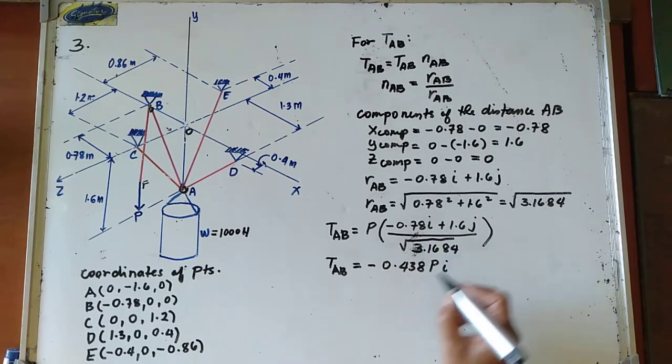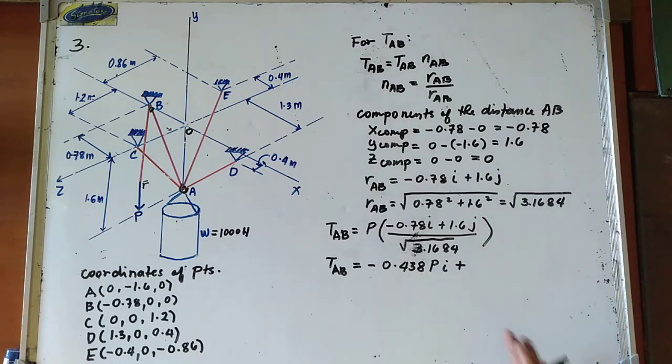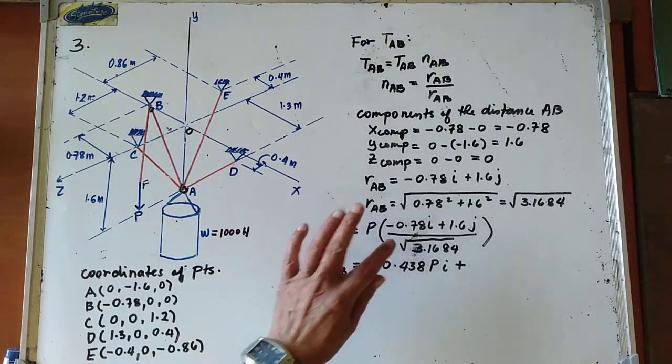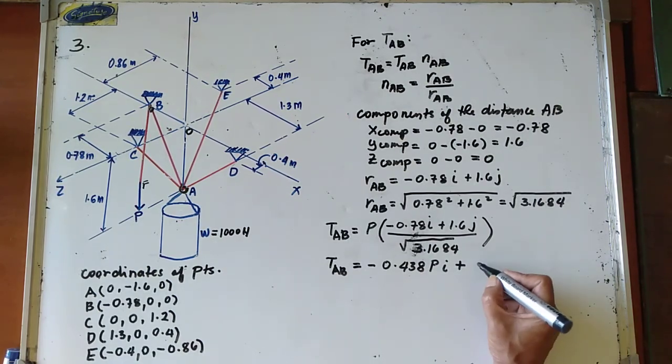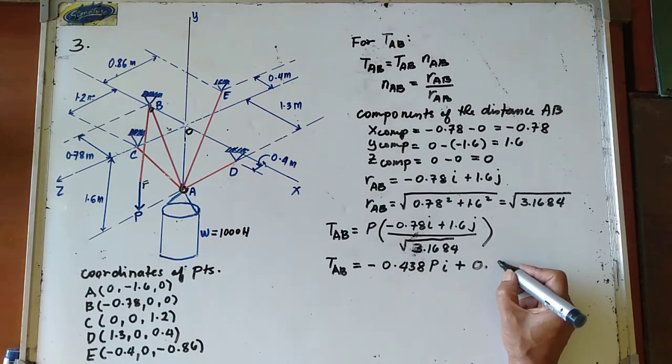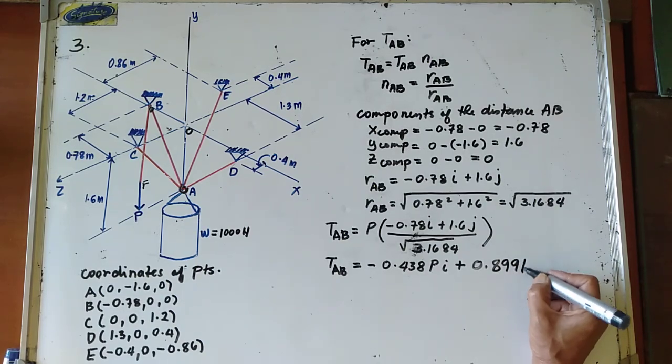So that is i. Plus 1.6 all over the square root of 3.1684. So that is 0.899P.